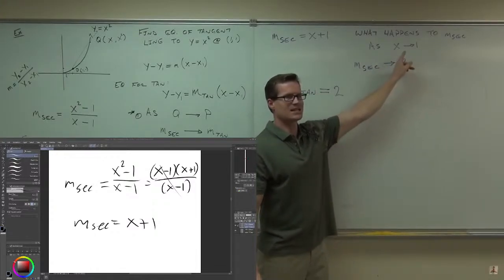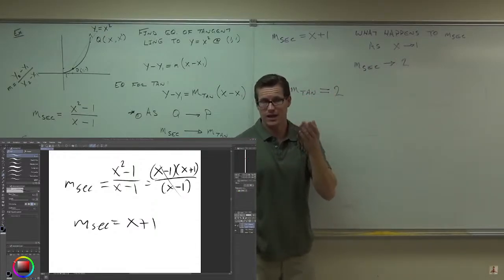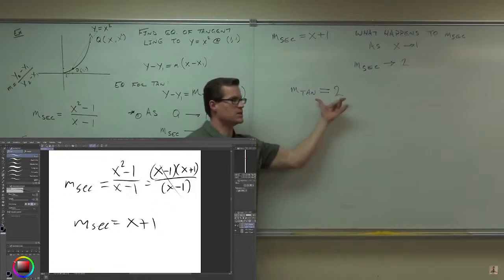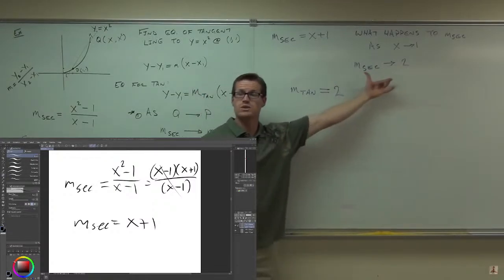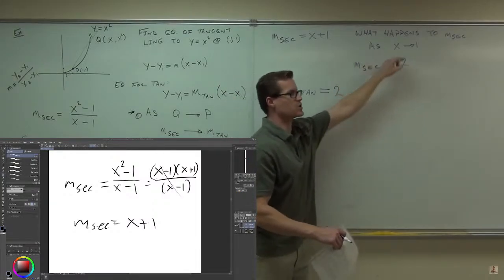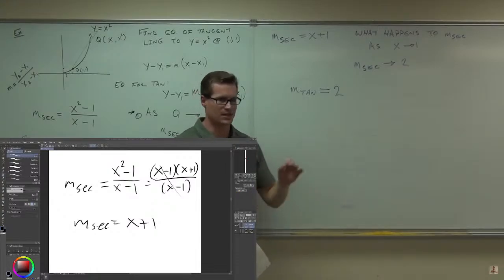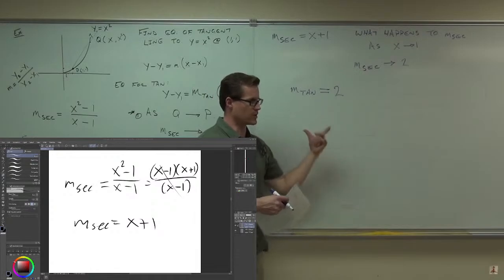Now I can't let x equal 1, but I can make the jump that if I could let x equal 1, the slope would be 2. Do you guys see the jump? This is using limits to make the jump between a secant and a tangent. Because the secant's approaching 2, we say, okay, we got this. That's called a limit. We're going to talk more about limits later on. But the jump is going from here to here.